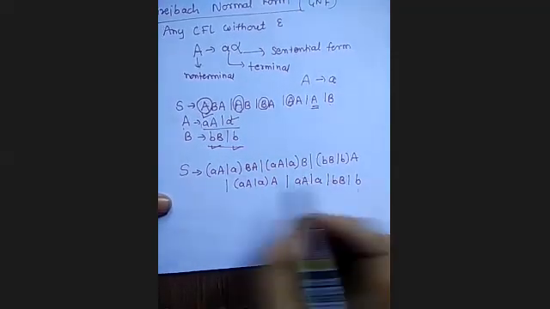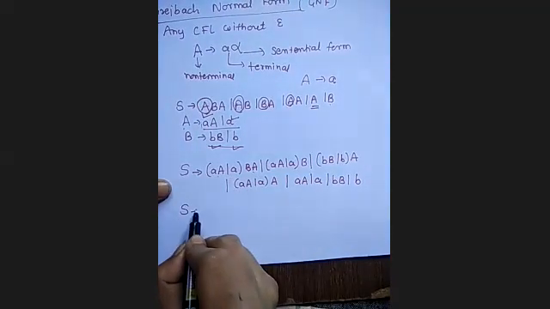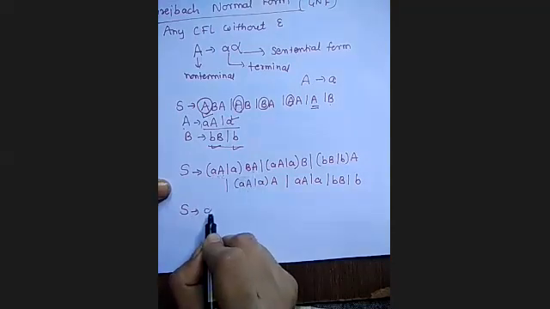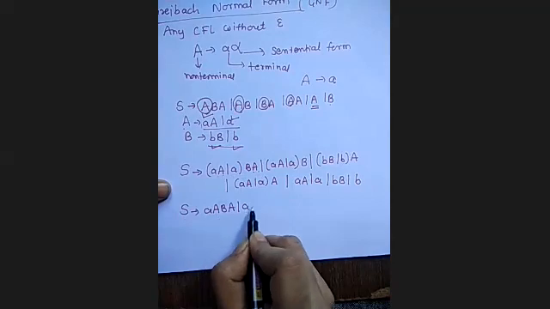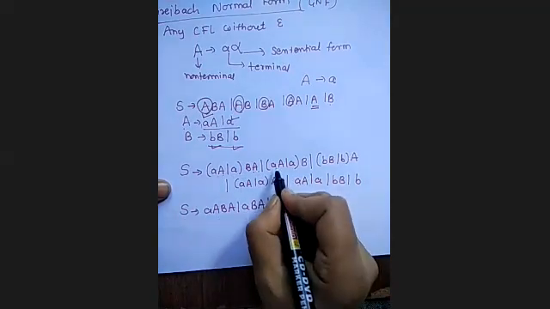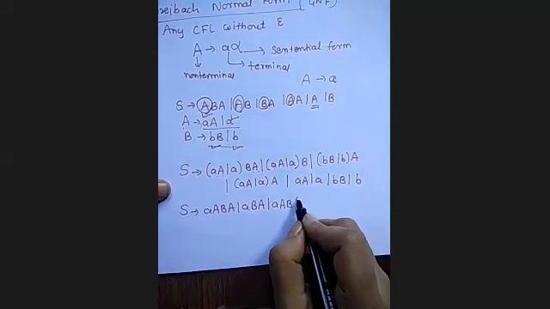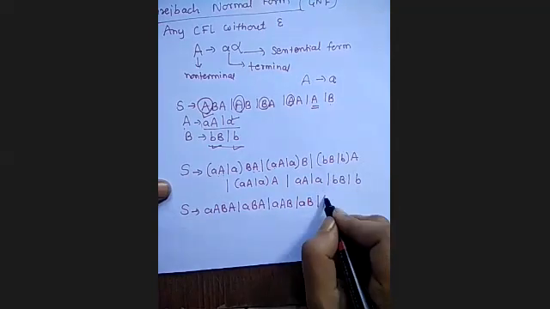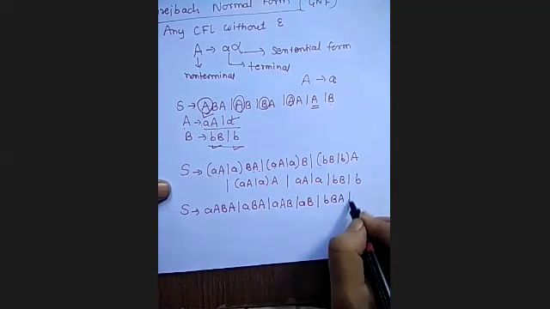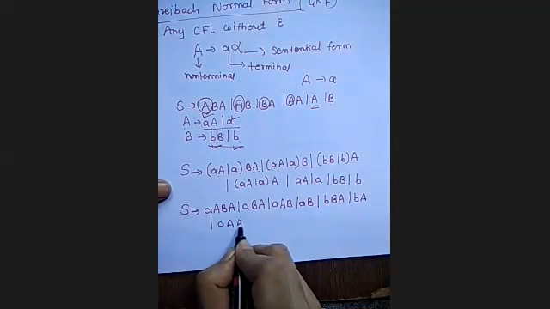Let us concatenate this. There is an OR, so what will you get? S gives aAA, bBA, or this aABA, or aAAB. If I remove the parentheses and concatenate it, aAB, or bBBA, or bBA, or aAAA, or aAA.